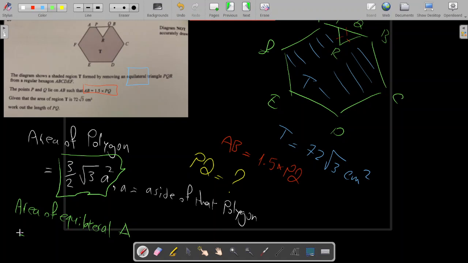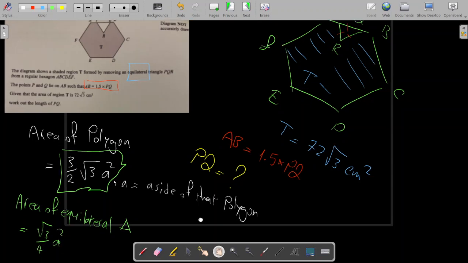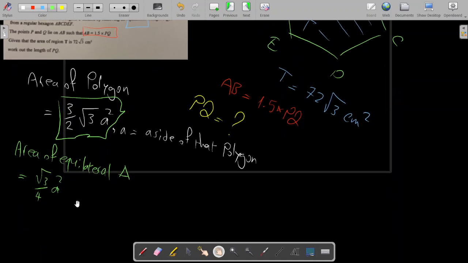The area of the equilateral triangle can be figured out using this formula, square root of 3/4 multiplied by a square. And as I said, a in this formula is not the side of the polygon. a is equal to the side of this triangle. So we're going to use these 2 rules to help us solve this problem.